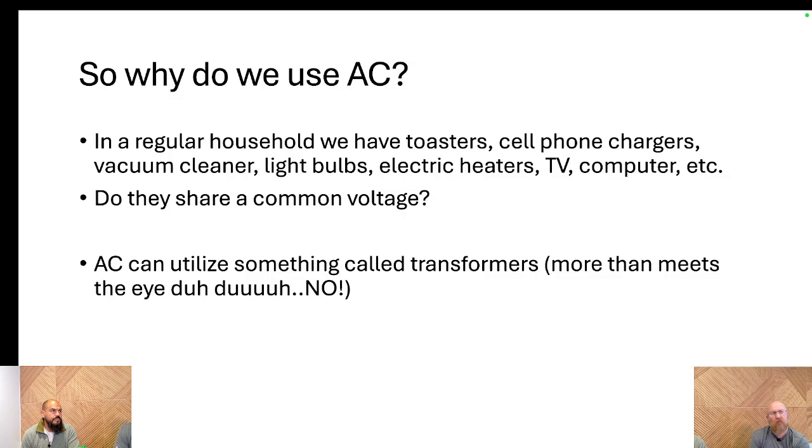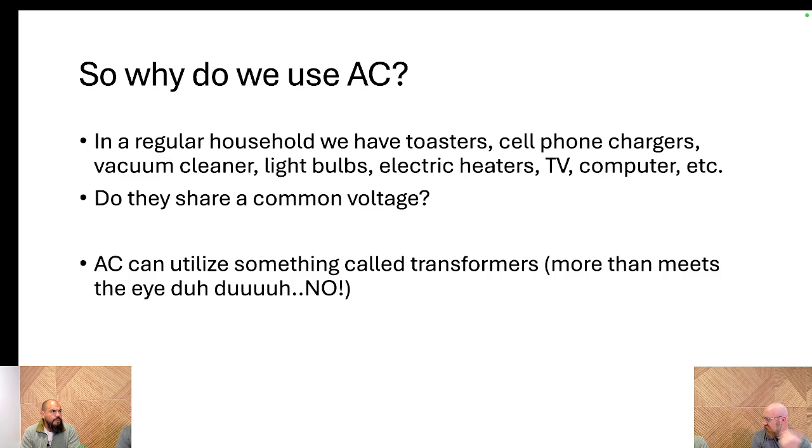So then, why do we use AC? It seems a little bit more complex. Yeah, I mean, obviously we talked about industrial use, which is huge. Without AC power, a lot of that wouldn't work. And once you get into the mechanics of motors and why AC motors make a lot of sense, you'll understand that.